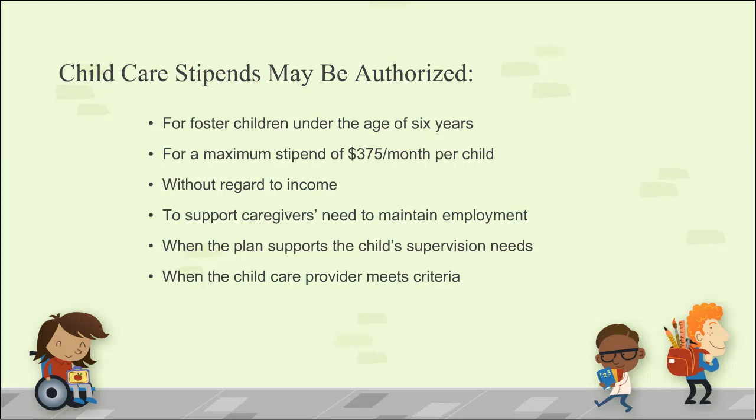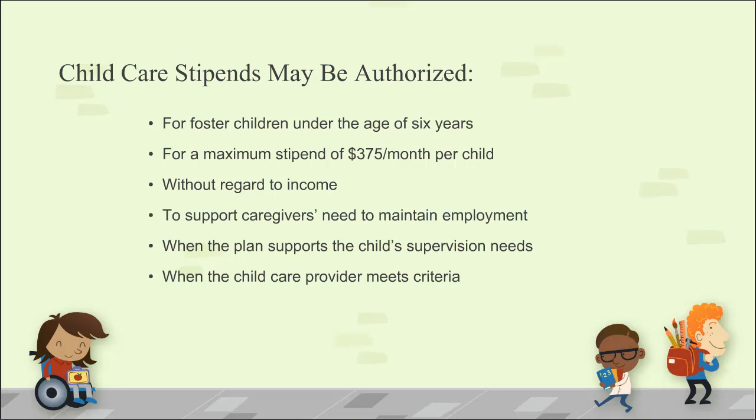Very good segue. So this is when we can, as a department, issue a child care stipend. It is for foster children under the age of 6. So once that child turns 6, at this point, that foster parent will not receive the child care stipend. The stipend is a maximum of $375 per month per foster child. We do not look at the income of the foster parent. Income is irrelevant.